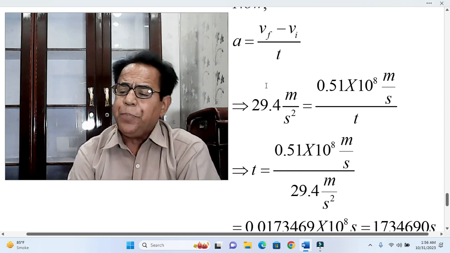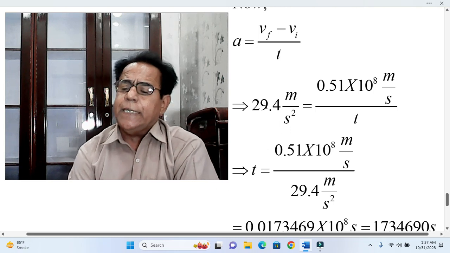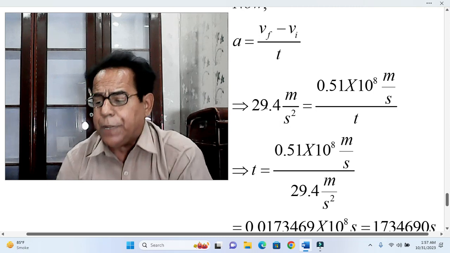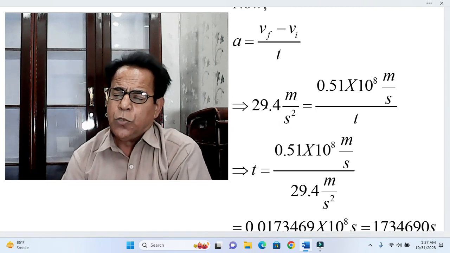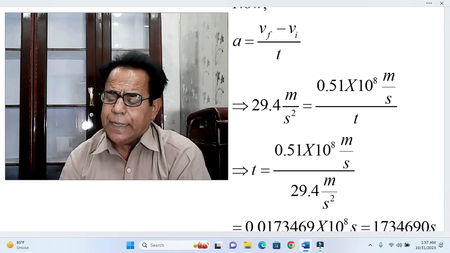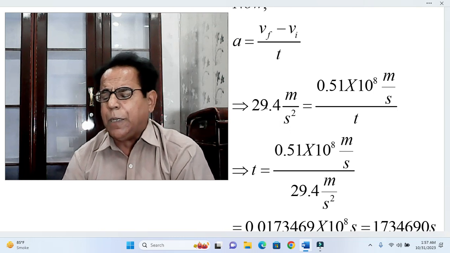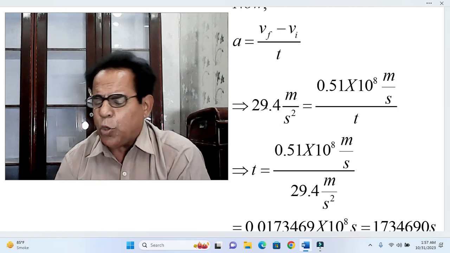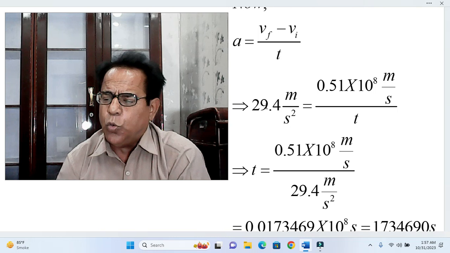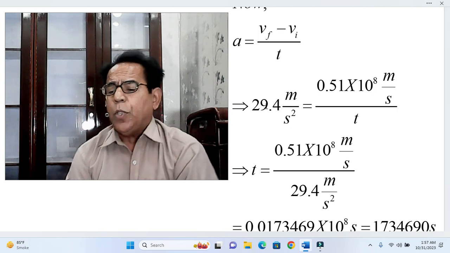Okay, this is approximately 3g. G is acceleration due to gravity, that is 9.8 meter per second square. So when we multiply 9.8 meter per second square with 3, it becomes approximately equal to, or perhaps exactly equal to 29.4 meter per second square.